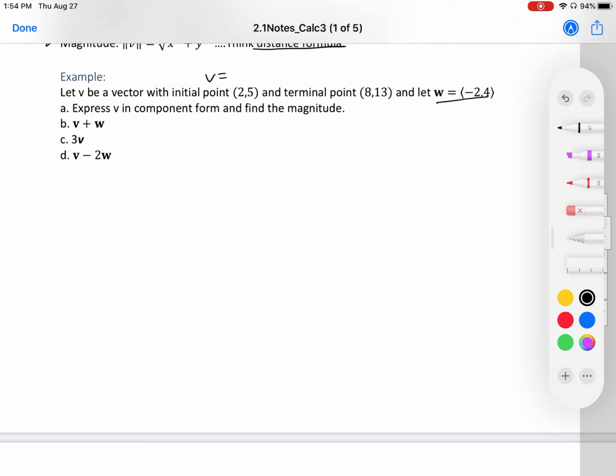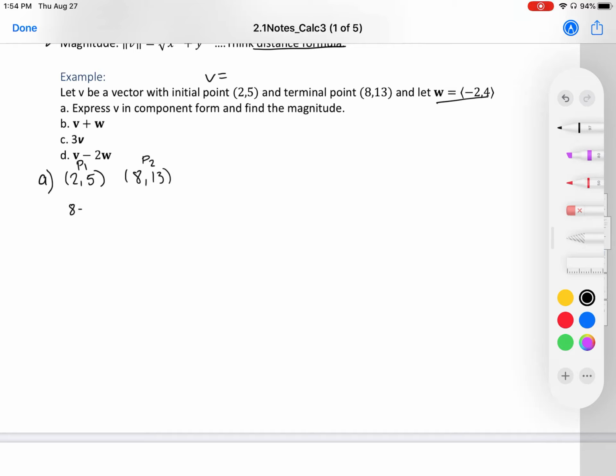So let's begin by finding v in component form. That's A. So to do A, we're going to take our 2 points. We have an initial point and an end point: 2, 5 and 8, 13. That's our starting point and our end point. Let's go ahead and subtract our x's and y's.